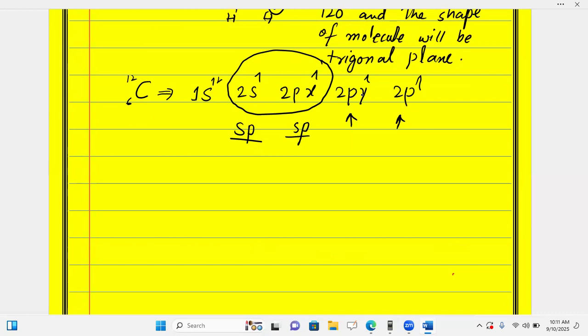Then what will happen? For example, I am taking this carbon and this carbon. It is making only two sp orbitals. So one sp orbital from this carbon and one sp orbital from this carbon come to make a sigma bond by head-to-head overlap. And one hydrogen atom is going to attach also over here.